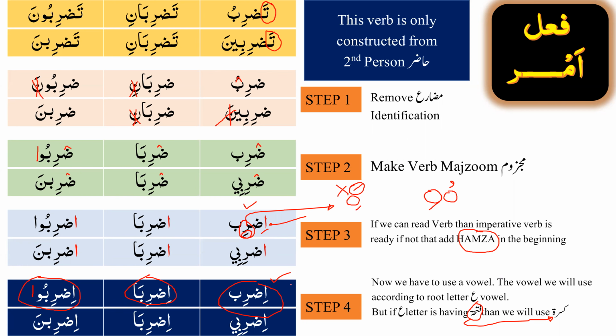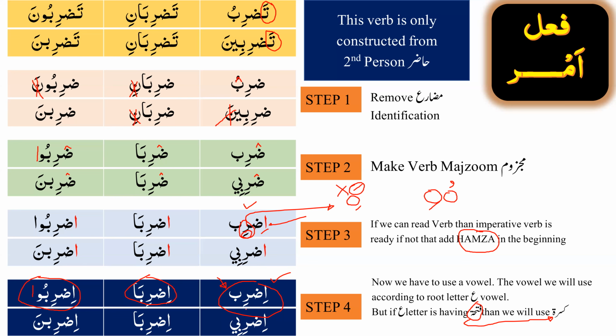If I say idrib, now we can bring as many maf'ul as we want. If I say idrib Khalidan, what does it mean? Beat Khalid. Idrib hadal walada: beat this boy. Idribi.